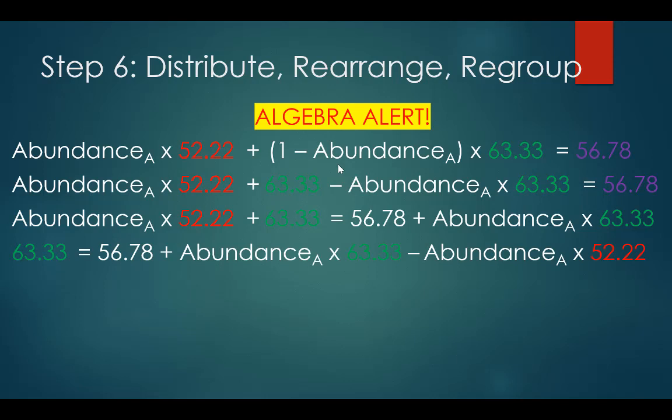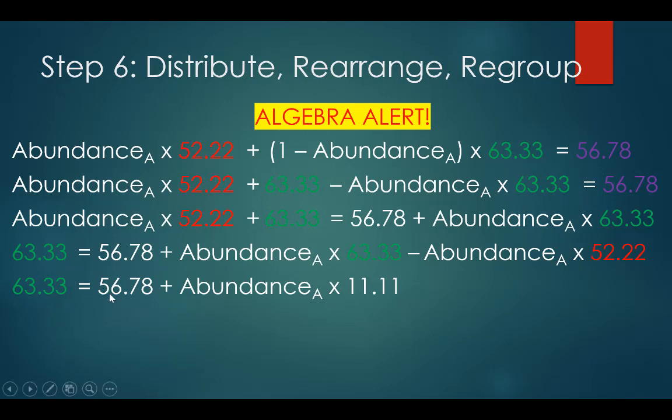Now, I'm going to subtract the left-hand abundance A times 52.22 because I see that this one was bigger, 63.33 versus 52.22. By doing this, I'll be able to group together these 2 terms since they have the same variable in common, abundance A. When I do that, 63.33 minus 52.22, I can clean it up just a little bit, and I get abundance A times 11.11.